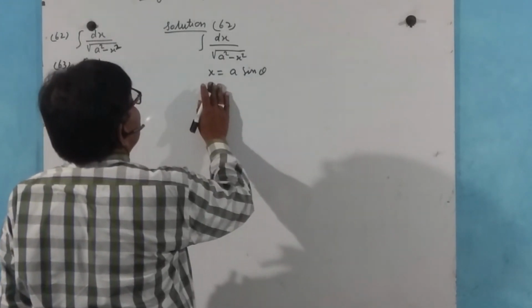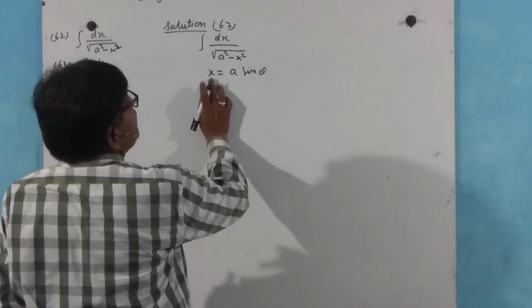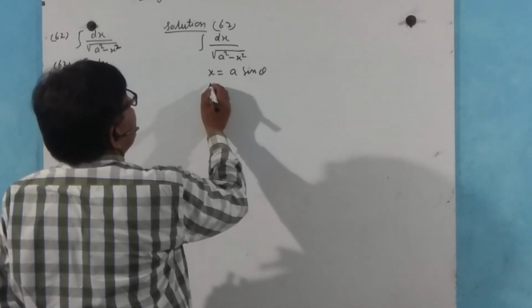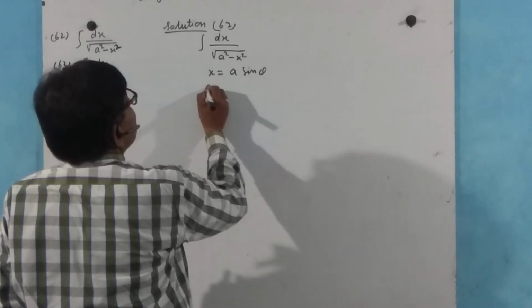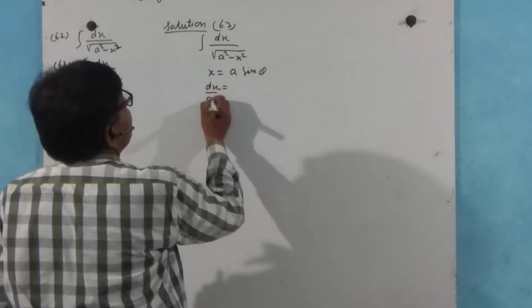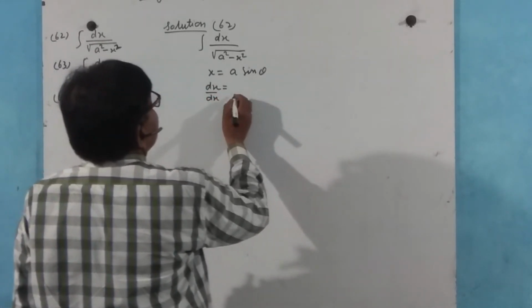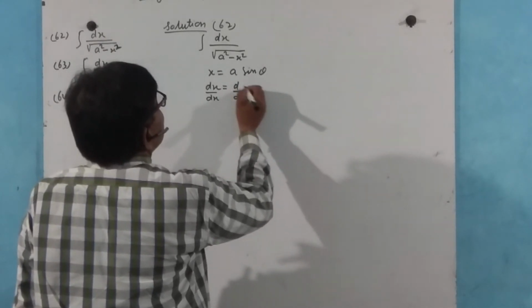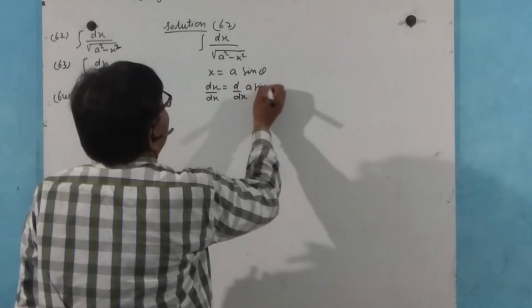Now differentiating it with respect to theta, with respect to x, this will be dx equal to d by dx of a sin theta.